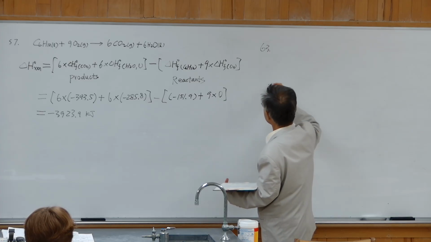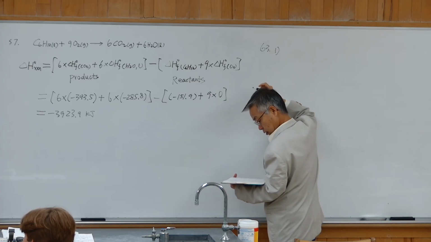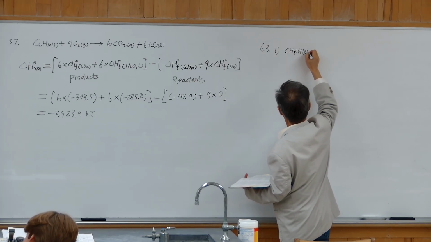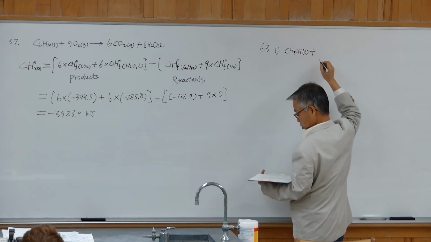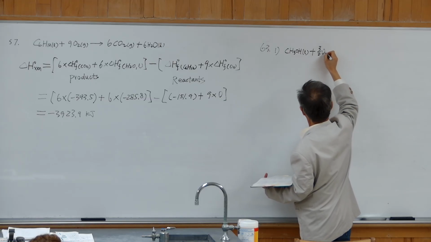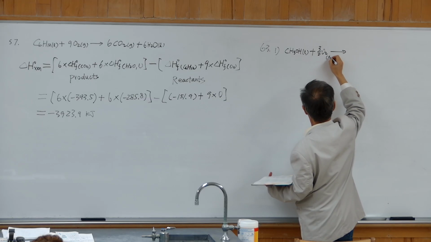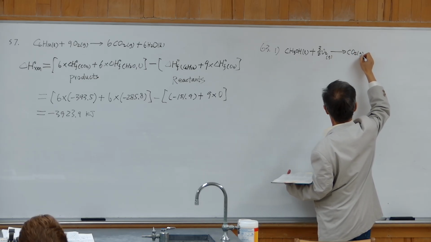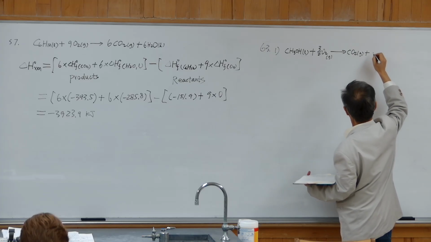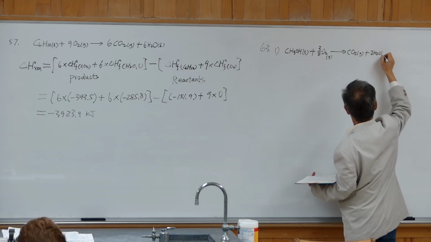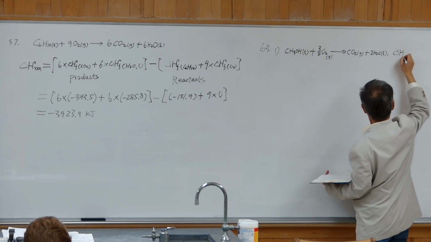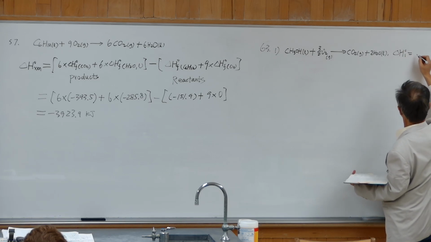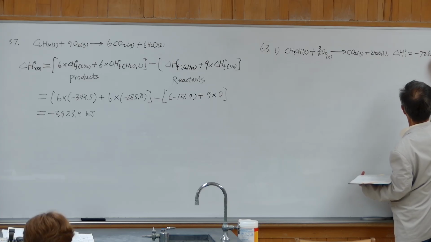Reaction 1: CH3OH reacts with oxygen, produces carbon dioxide and liquid water. Reaction 1's enthalpy change is negative 726.4 kilojoule per mole.